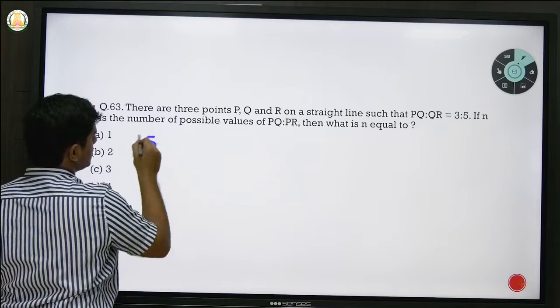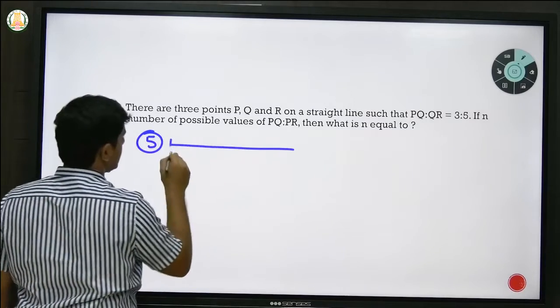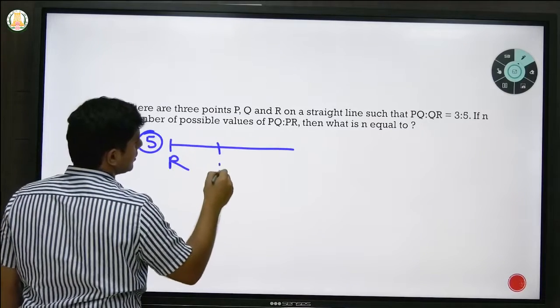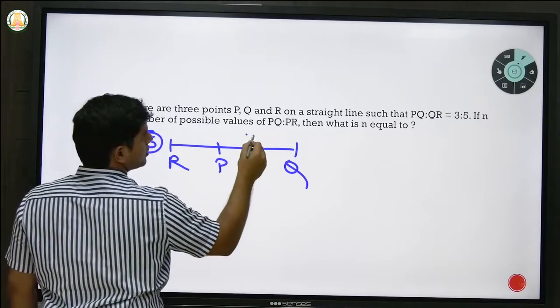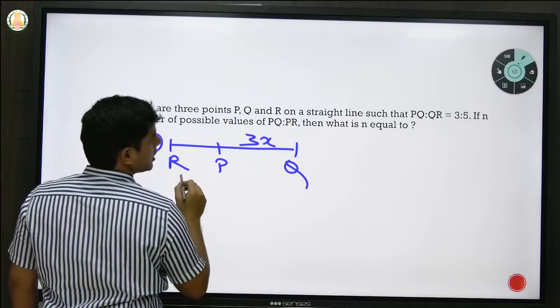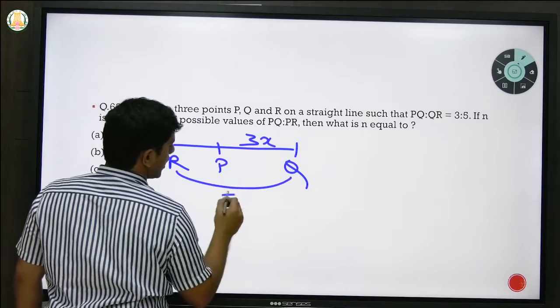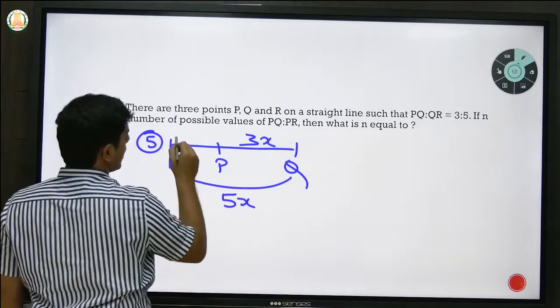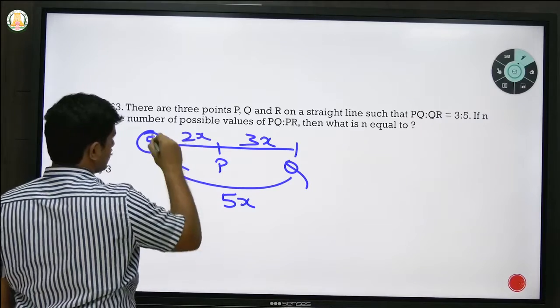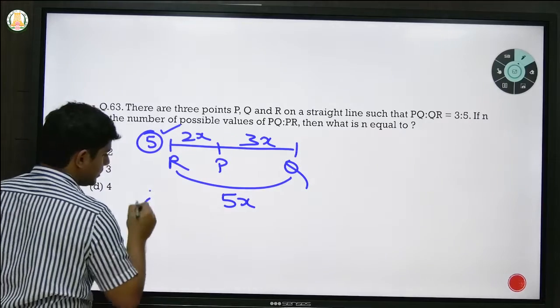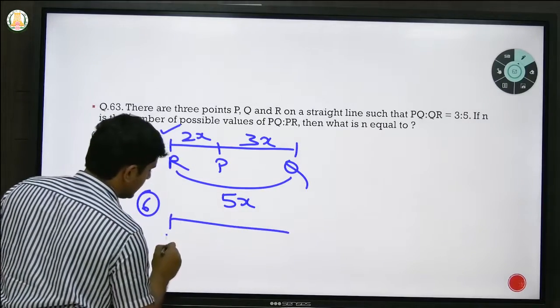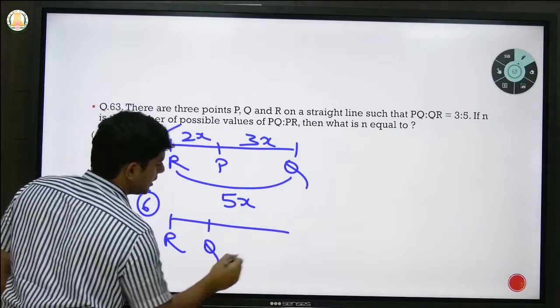The fifth possibility is R is here, P is here and Q is here, and PQ is 3x and RQ is 5x. So RP will be 2x. It's also a possibility.